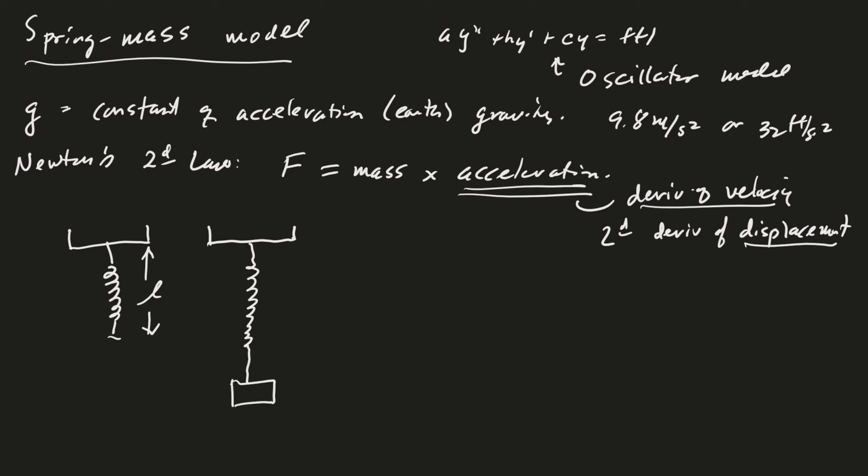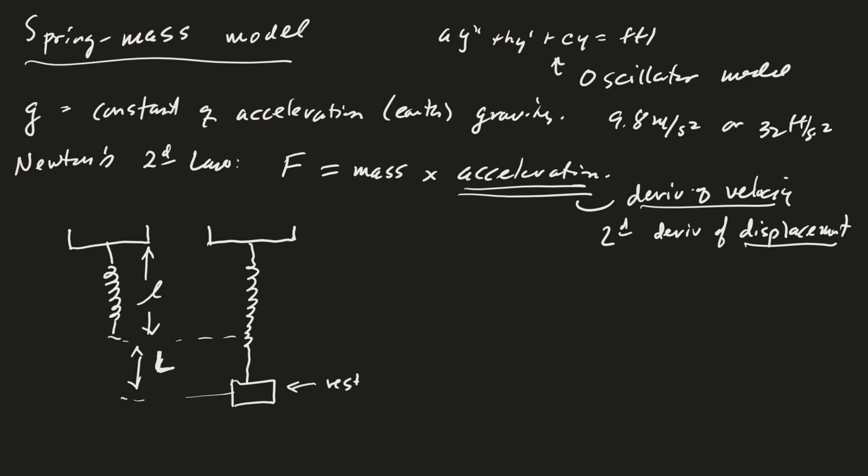Then the weight is at rest, and the length from natural length to the new length is going to be our length capital L. So capital L is the length that the spring has stretched when we attach the weight.